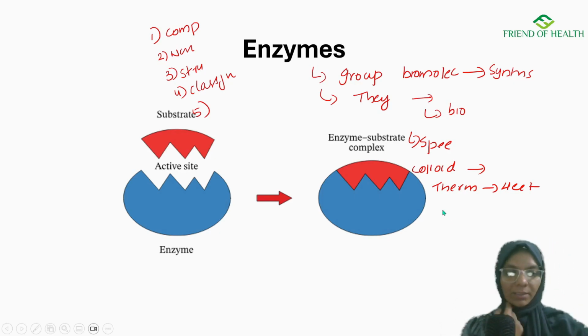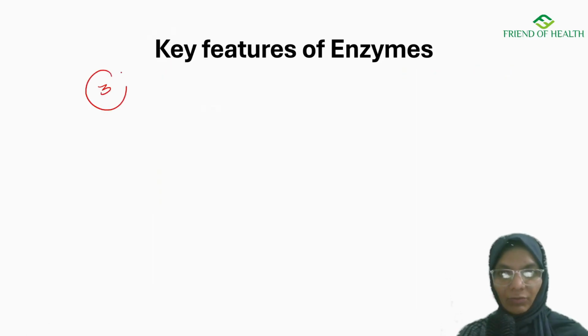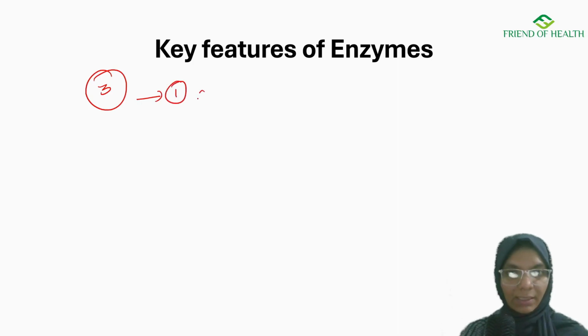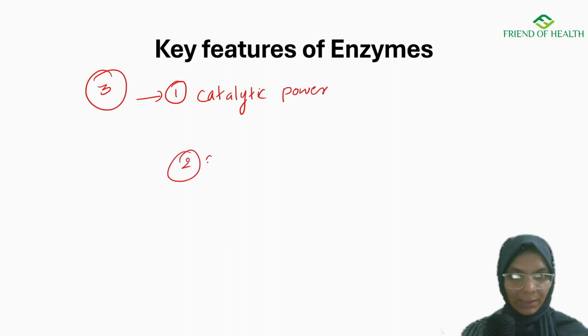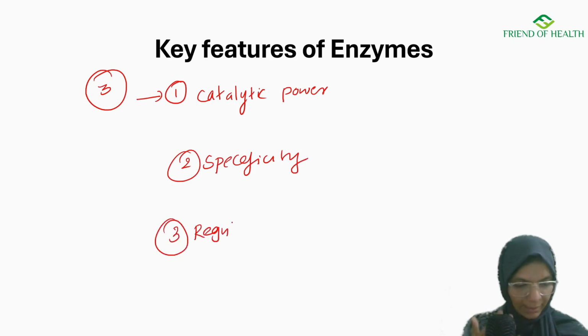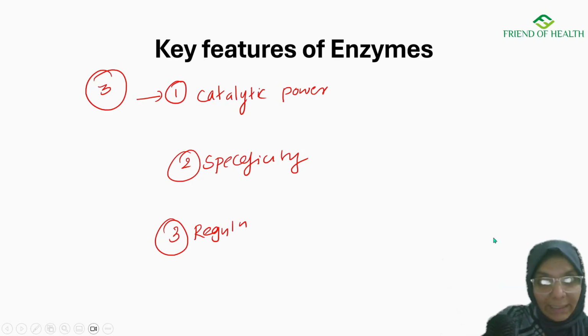Now, there are basically three key features of enzymes. First is catalytic power, then specificity, and regulation. Enzymes make chemical reactions happen faster, even 1,000,000 times faster.